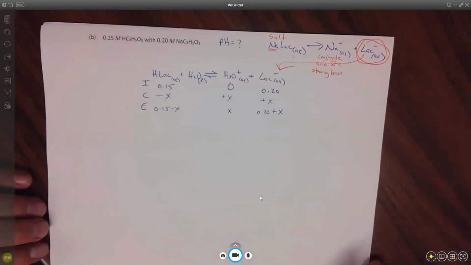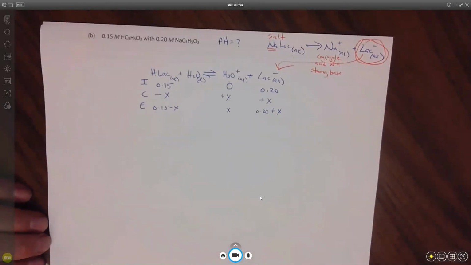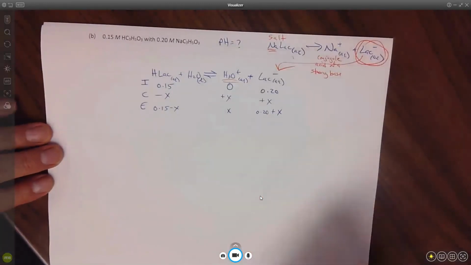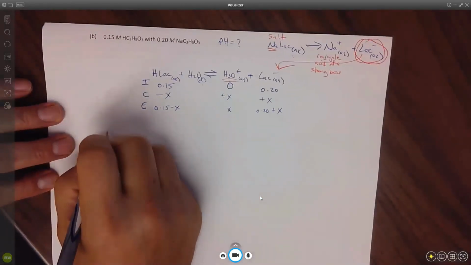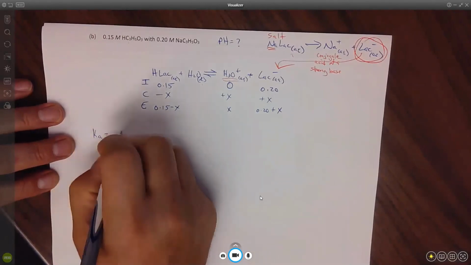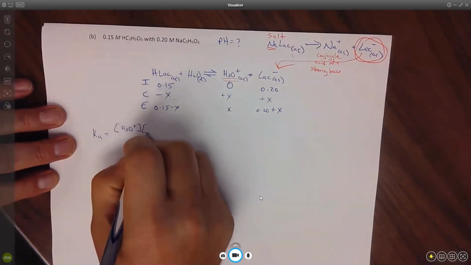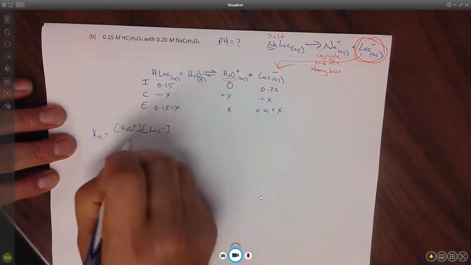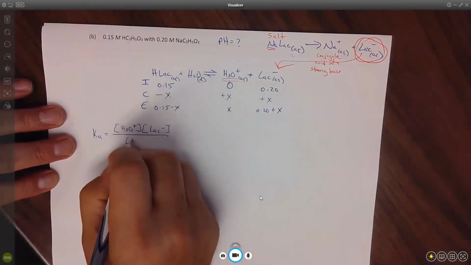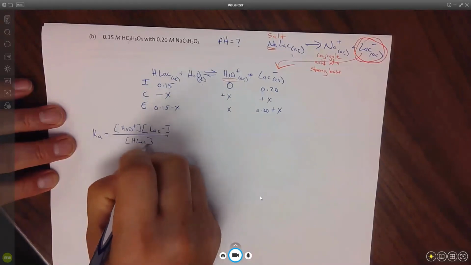Okay, so am I going to use a Ka or a Kb expression? Ka. Yeah, again, we're dealing with the hydronium ion. So it's going to be Ka is equal to the concentration of our products. In fact, it's the same Ka expression that we just saw in part A because it's the same chemical reaction.